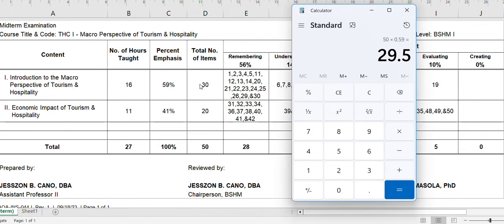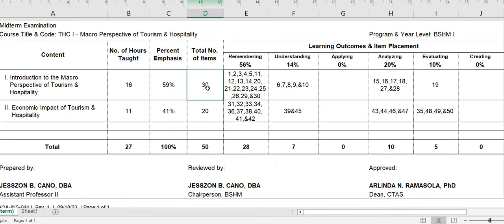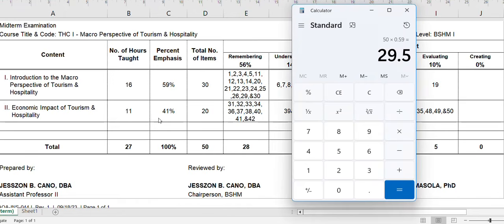So for chapter 1, I need to have a total number of items of 30. And for chapter 2, 50, which is the total number of items, times 0.41. So we have 20.5 total number of items.